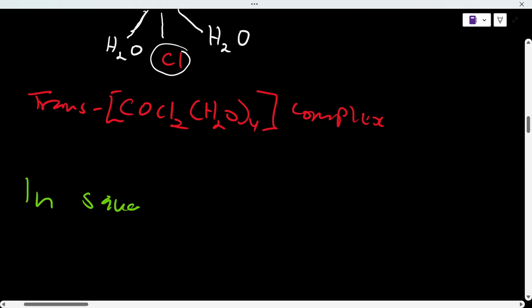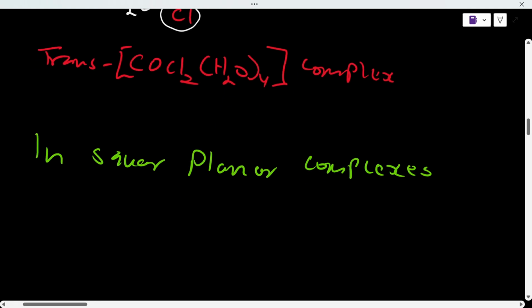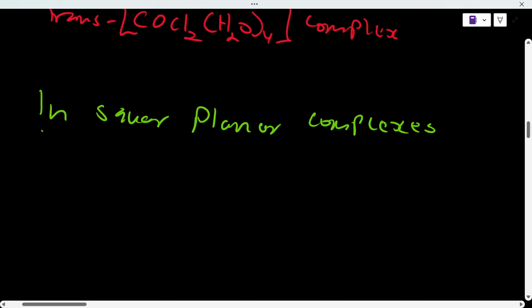In square planar substances or complexes, I want to show you how.